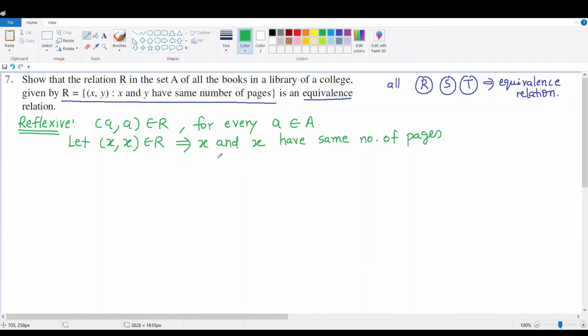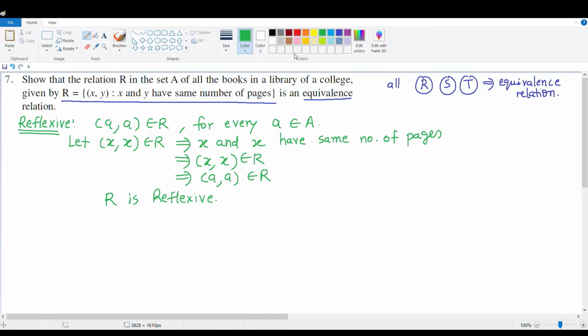Yeah, it is true, because if we are talking about the same book, then of course that book will have the same number of pages. So x and x have the same number of pages, which is correct. That means (x, x) is going to belong to R, so (a, a) is going to belong to R. And since (a, a) belongs to R, R is reflexive. So one down. We need to show all these three are true. We just showed that it is reflexive.